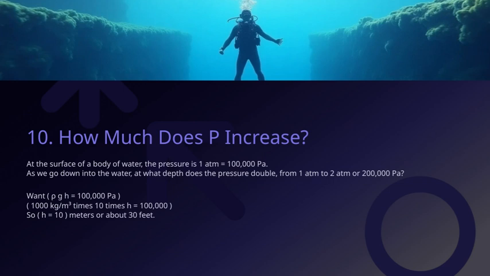Pressure in a fluid increases steadily with depth, and understanding this relationship is crucial for many applications, from diving to engineering. So, in summary, every 10 meters of water adds roughly another 100,000 pascals of pressure. That's a vital point to keep in mind when considering how pressure behaves underwater.